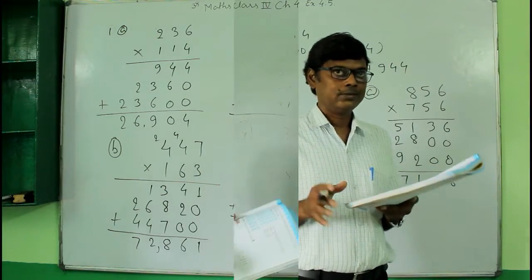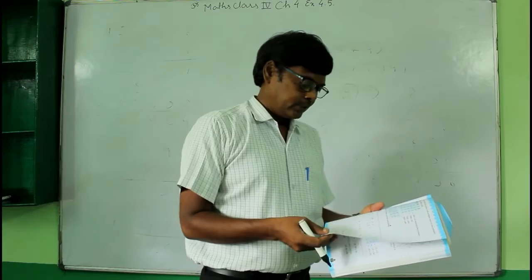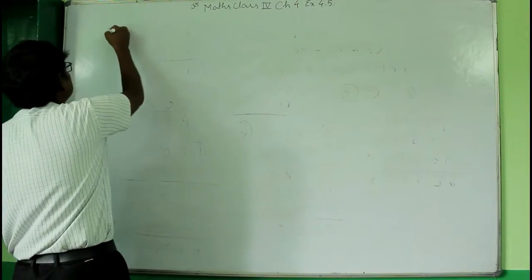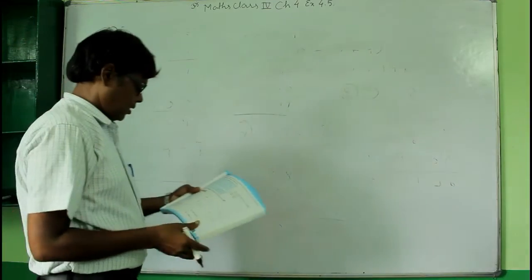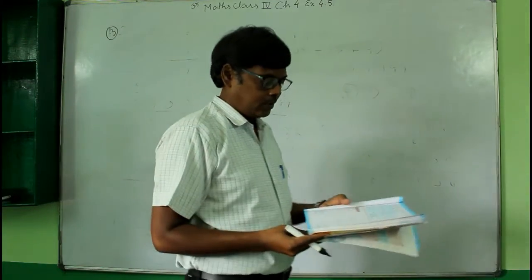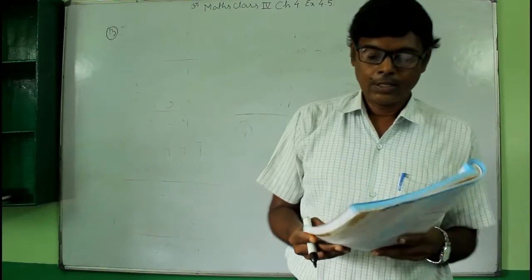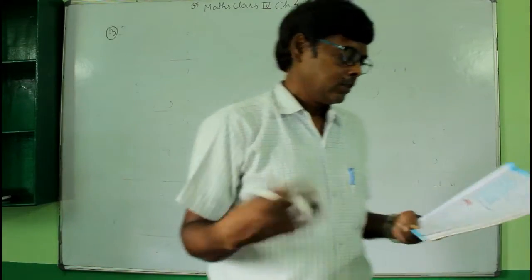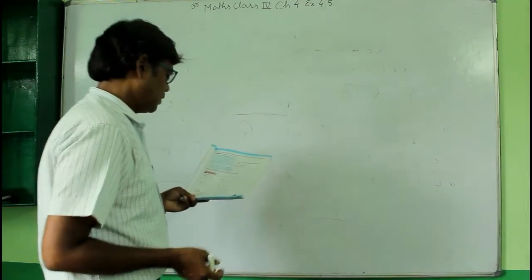Now question number 3. In this, again we have to multiply, but here the multiplicand is a 4-digit number and the multiplier is a 3-digit number. So the process is the same.